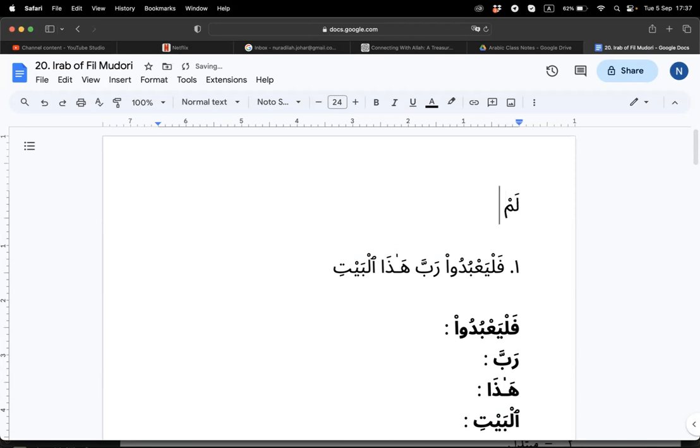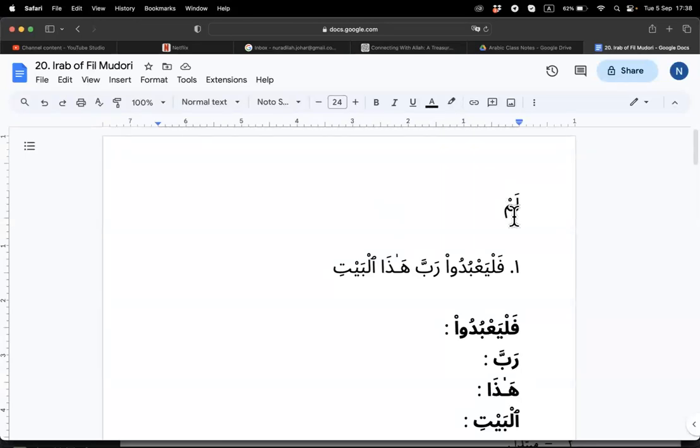It's the lam that makes the fi'il mudhari majzum, not an or in.